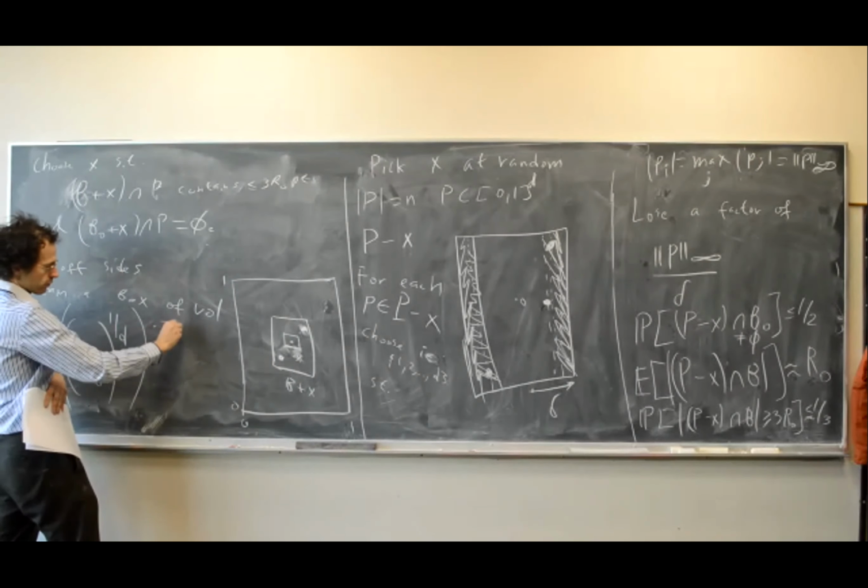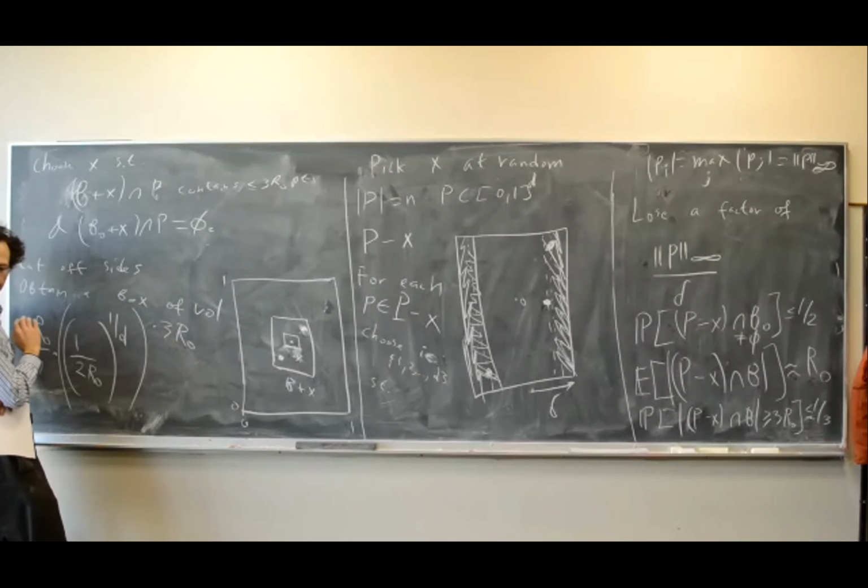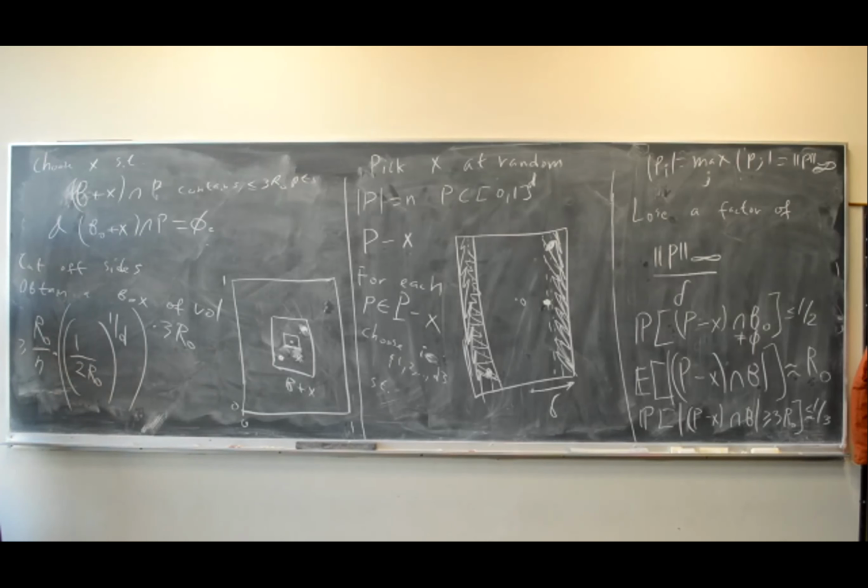Remember, we contain at most 3R naught points. So this is a pessimistic bound, because we lose this much, at most that many times. Okay, so now the question is just pick a value of R naught, optimize, and be done.